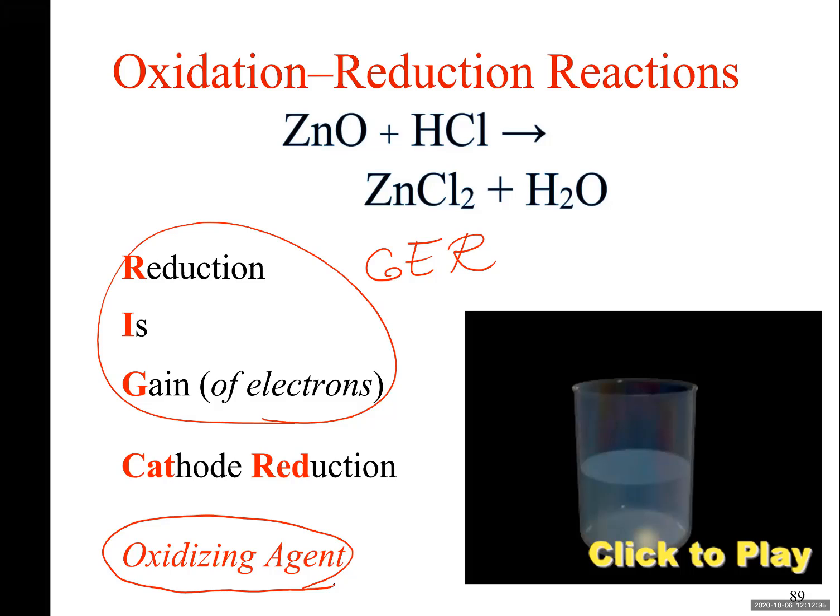So they cause loss of electron to their partner. That means loss of electron, remember, loss of electron was oxidation. Whatever is reduced is the oxidizing agent. Whatever is oxidized is the reducing agent. Because there are always two partners involved.